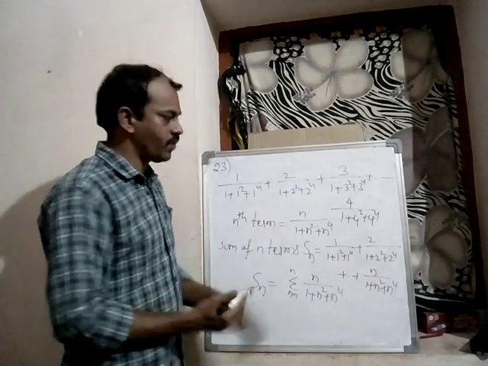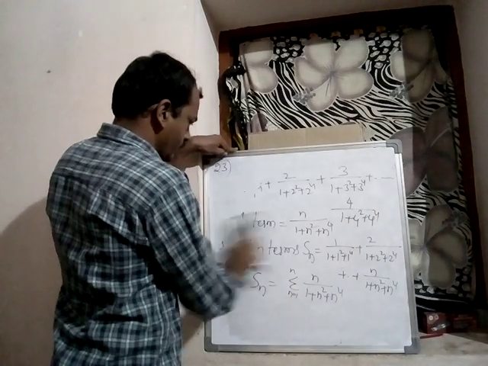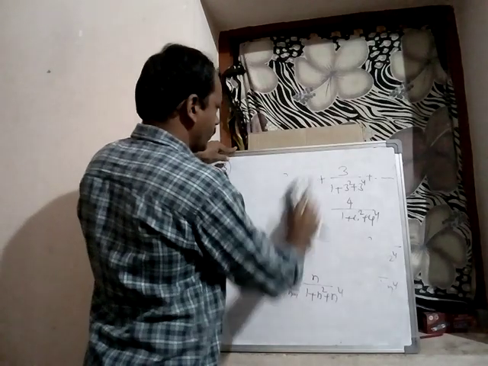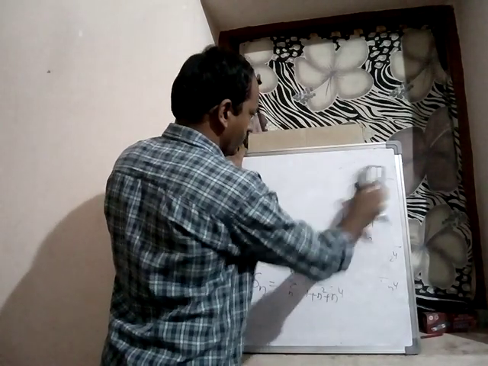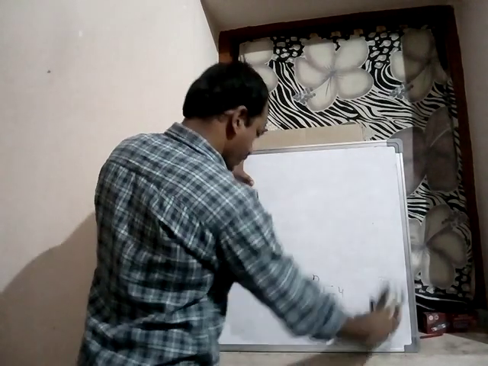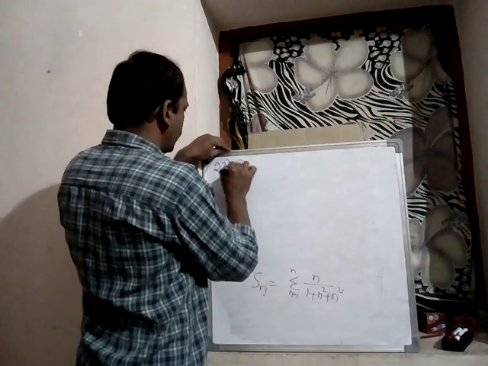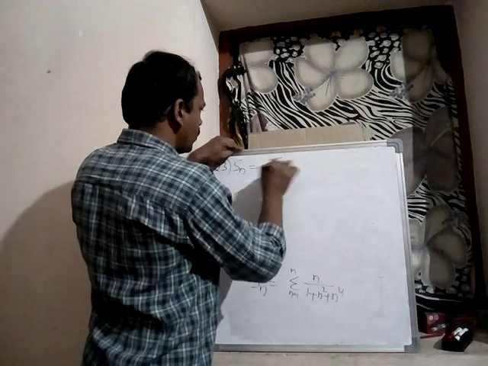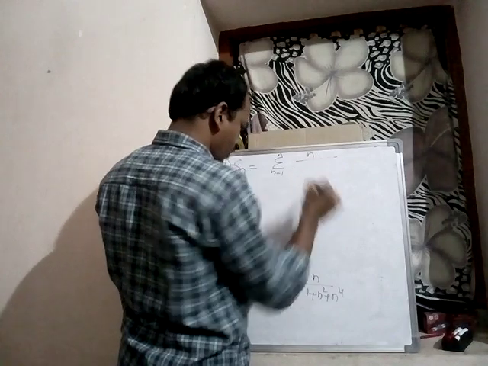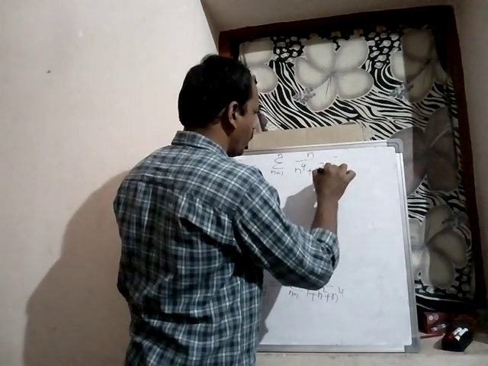Okay, now simplify this one. So the sum of n terms of the given series, Sn, is equal to sigma n equal to 1 to n, of n by, this can be written as n to the power of 4 plus n square plus 1.